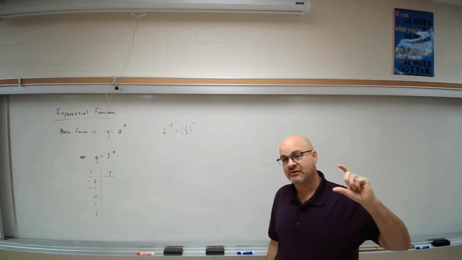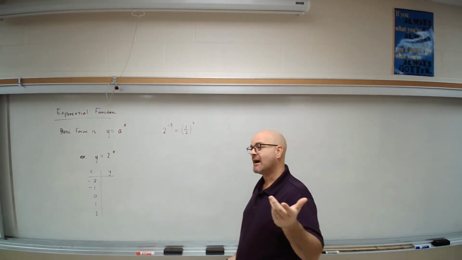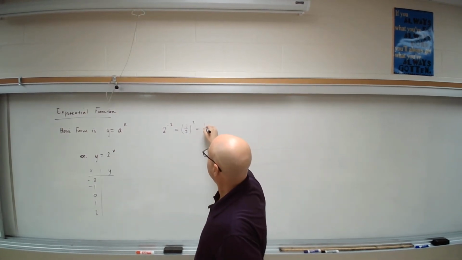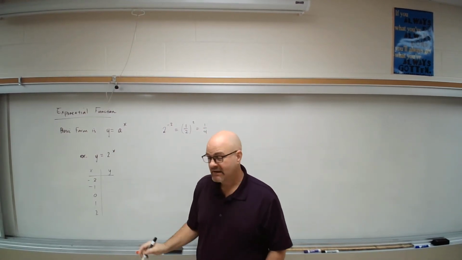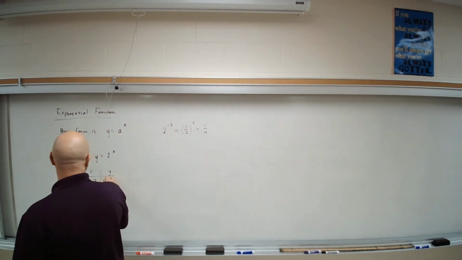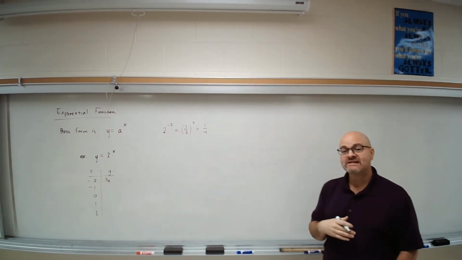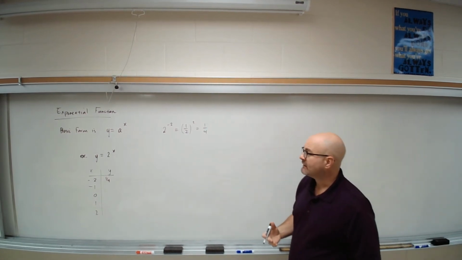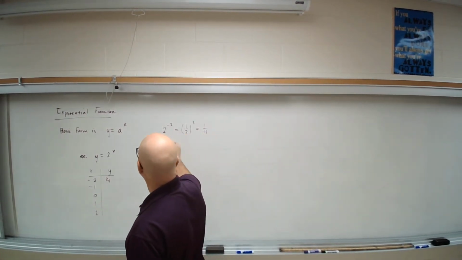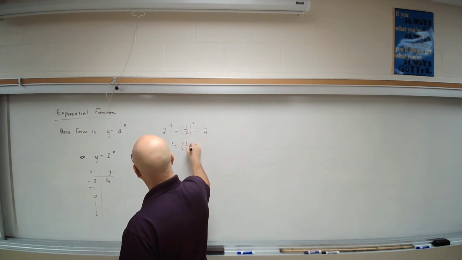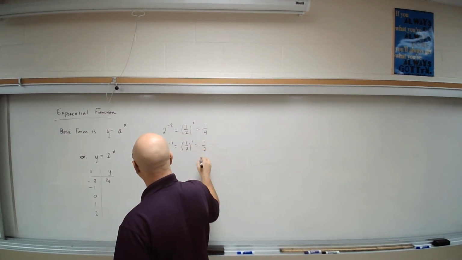The reciprocal of 2 is 1/2. You square the top, you square the bottom, and we get 1/4. So we have this point, -2, 1/4. Then we can do the same thing with -1. So 2 to the -1 power is 1/2 to the first, which is just 1/2.